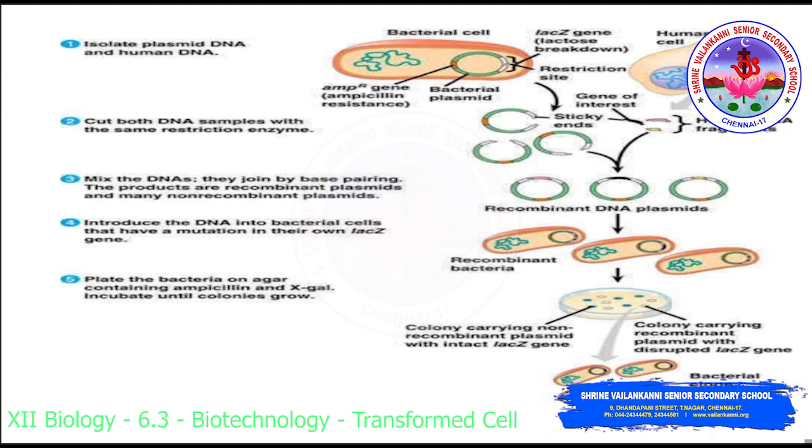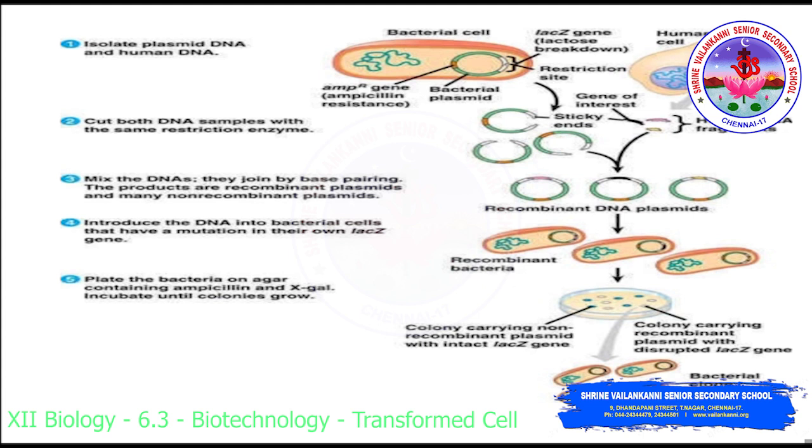It is between the nucleotides: adenine, cytosine, thymine and guanine, where adenine pairs with thymine and cytosine with guanine. This is the bonding of base pairs. The products are recombinant plasmid and many non-recombinant plasmids.